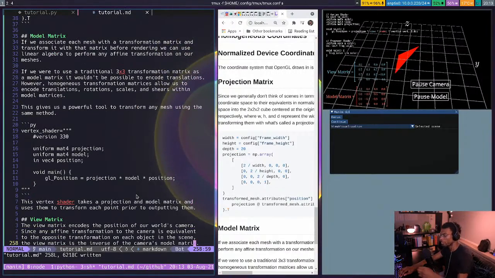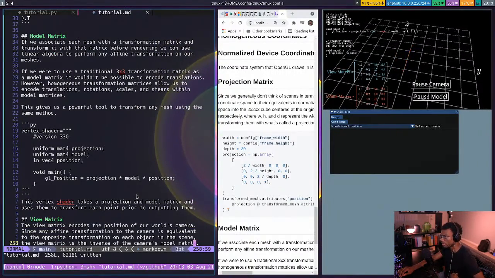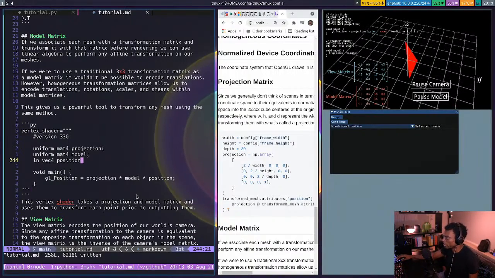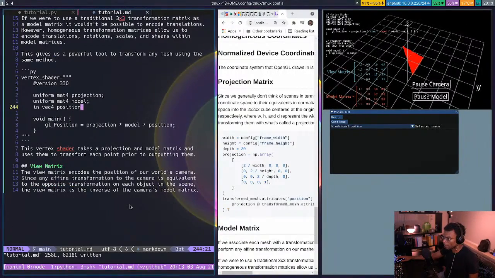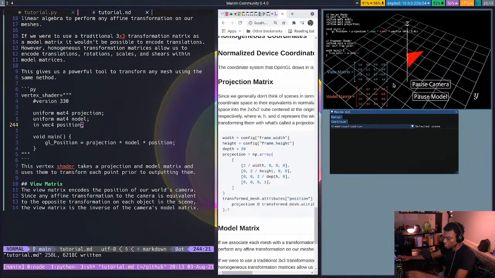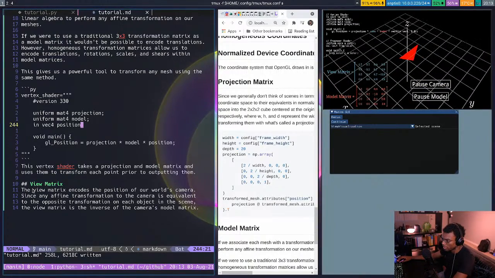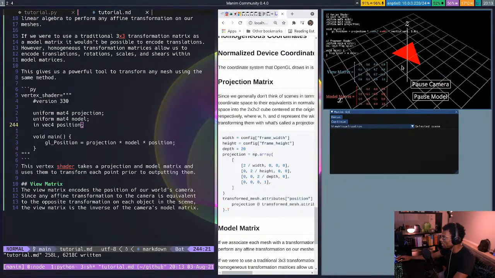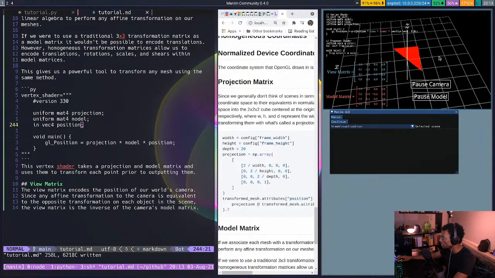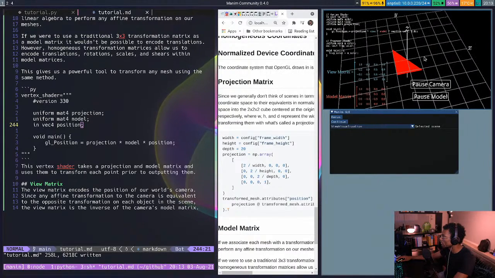I think what I probably have to go back and do is revisit the projection matrix. The view matrix is just such a powerful concept that once you understand that, you can do pretty neat 3D scenes like this.